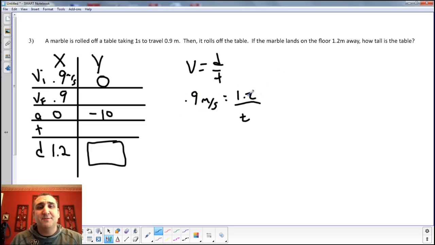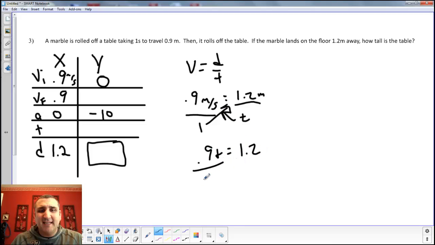We can put this over 1, and then we can do some cross multiplying. 0.9t equals 1.2, and divide both sides by 0.9. We should end up with a time of 1.3 seconds. So I hope you got something similar.